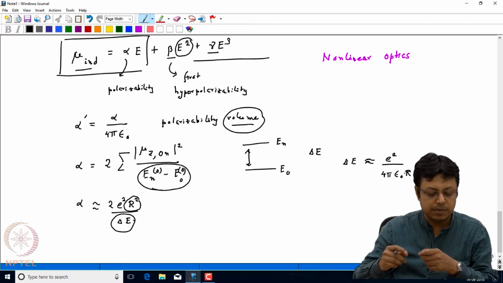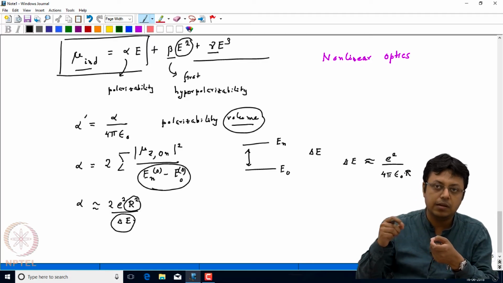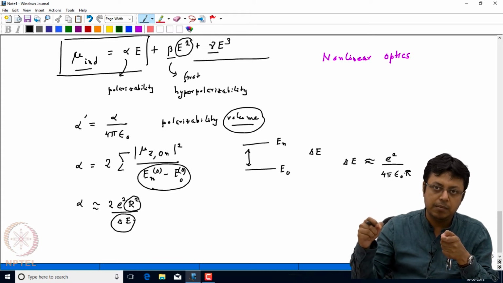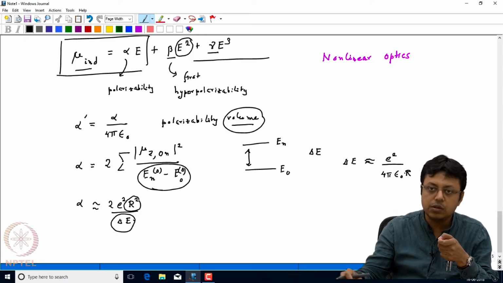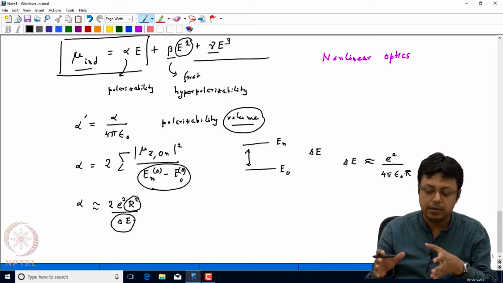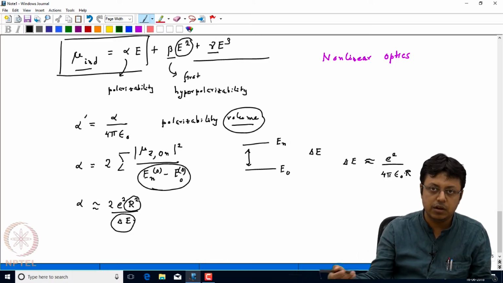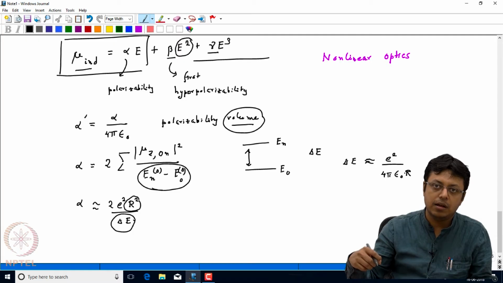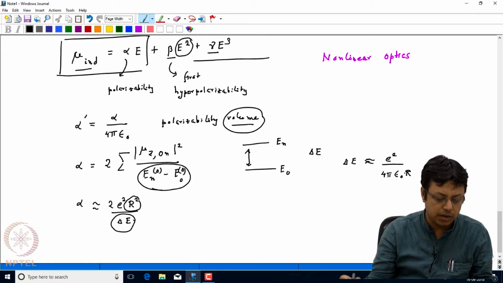This tells that if I have a unit positive charge at a location r from some origin, and I am removing that unit positive charge from that location to infinity, this will be the energy required to do that. So, this is by definition the electrical potential energy that is stored if I keep the positive charge, or that is spent if I want to move that positive charge to infinity.